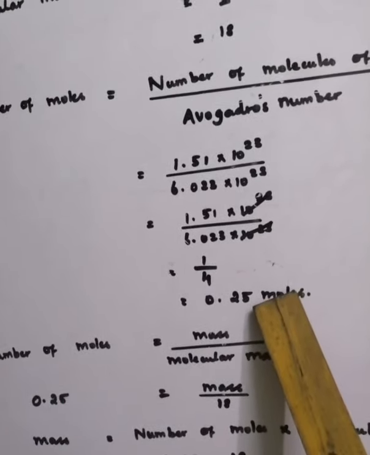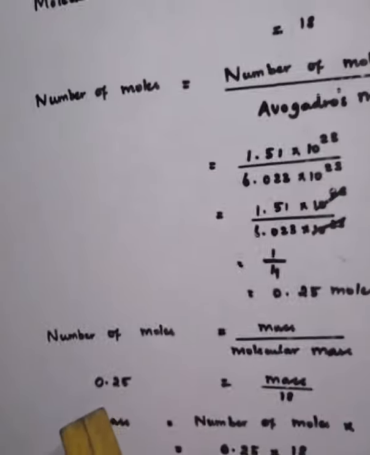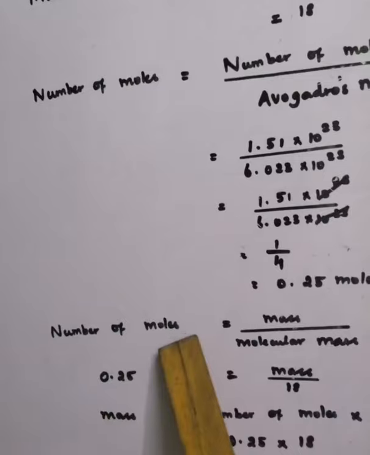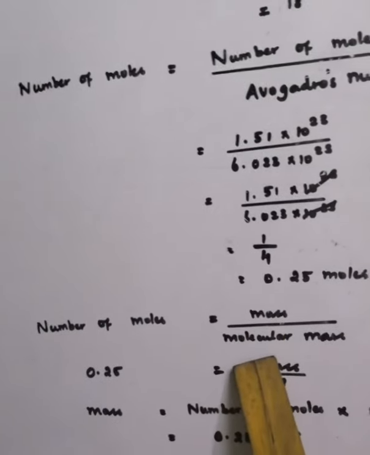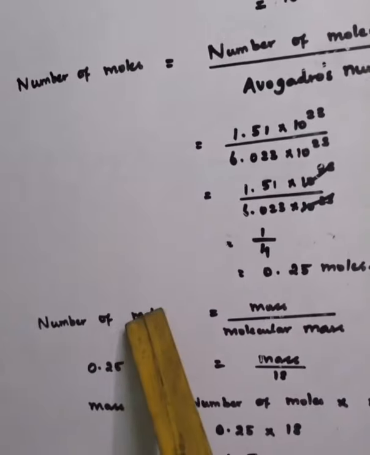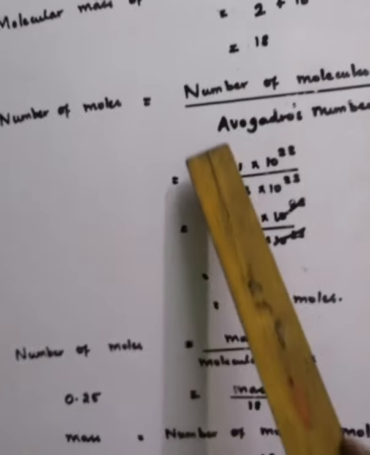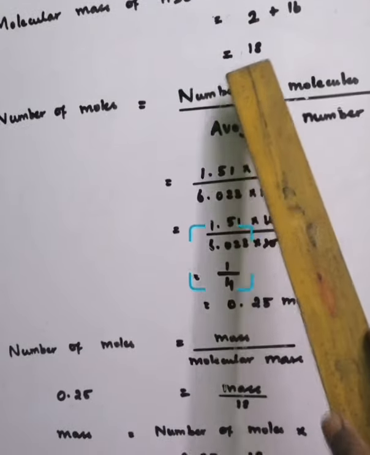Now you have found out the number of moles and you know the molecular formula. So the formula for number of moles is mass divided by molecular mass. Here mass you are going to find out. Number of moles we know that is 0.25 and molecular mass you have found out here as 18.